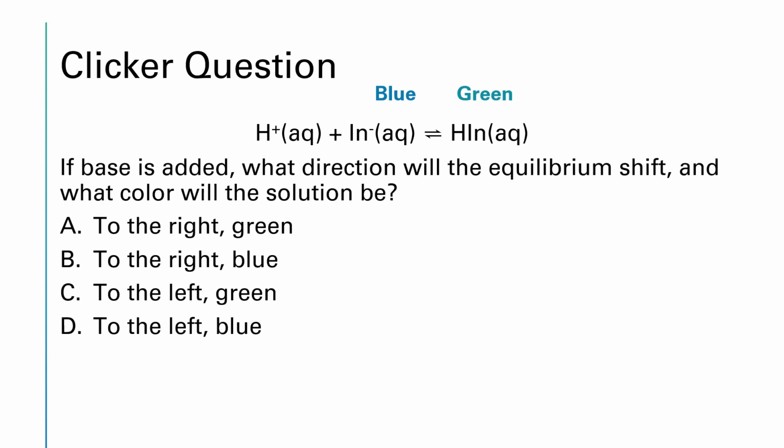So this particular indicator, when it's ionized, so we have the indicator minus form, it'll be blue. And when the hydrogen ion is attached to the molecule, the indicator will be green. So we want to see what direction this equilibrium will shift to if we add base.